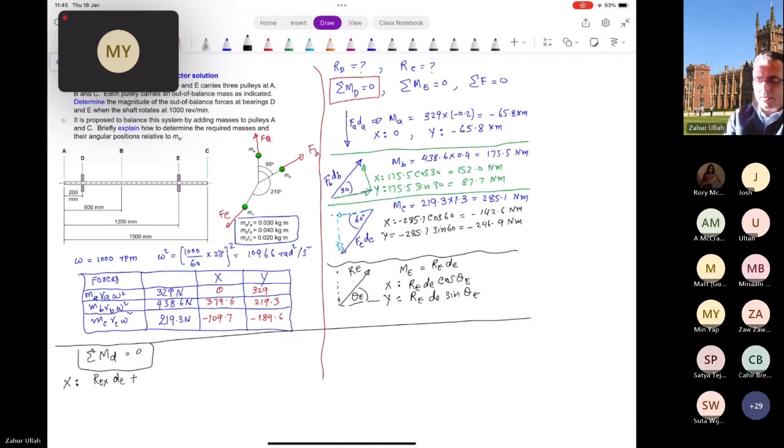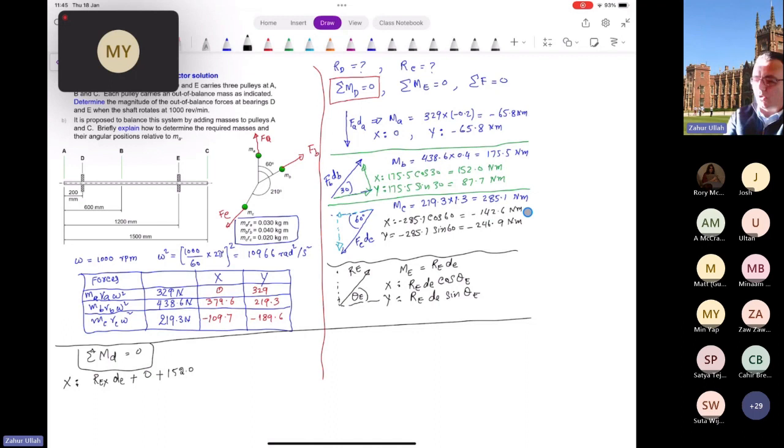And then because we have all the components now, this is 0 here for the MA, so 0. And then again this X, which is 152.0 plus. Okay, and then this one negative.